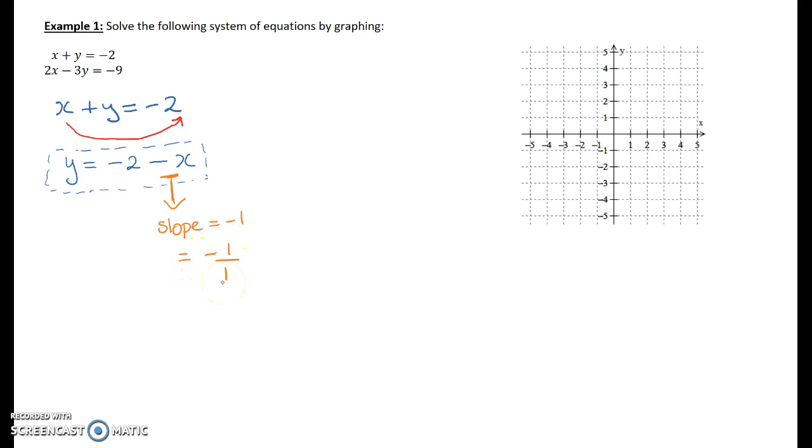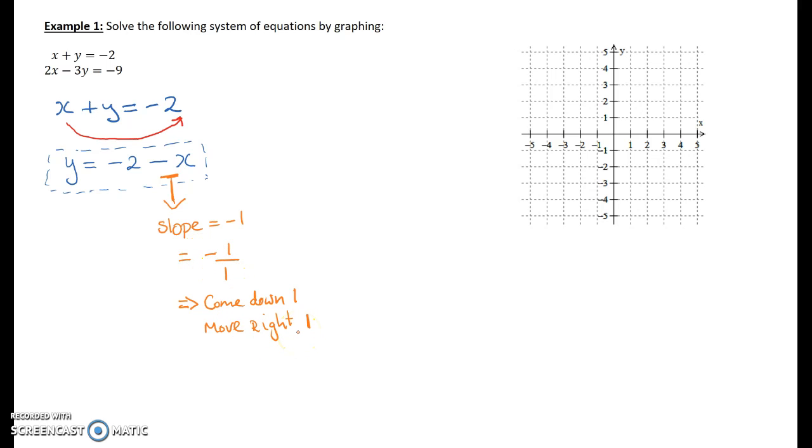And if we think about that as rise over run, then because the slope is negative, we come down 1, and also move right 1. Okay, so it's rise on top and run on the bottom. So on the top, it's telling us to move down because it's minus. On the bottom, it's telling us to move to the right.